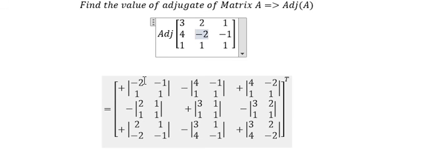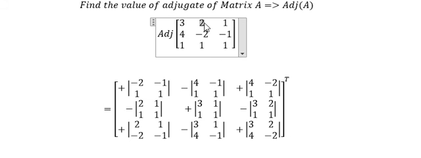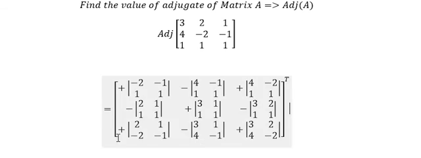In each row and column, if we choose this area, this row will be hidden, this column will be hidden, so we get -2, -1, 1, 1. You can do similarly for the other locations. If we choose this location, we need to hide this row and this column, so we get 4, -1, 1, and 1. So we calculate inside this matrix, and we get values like this.